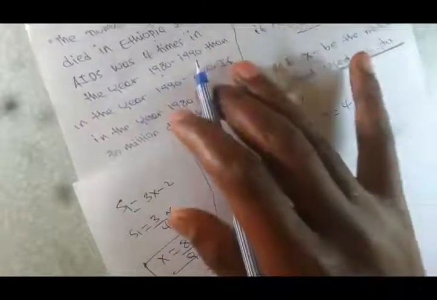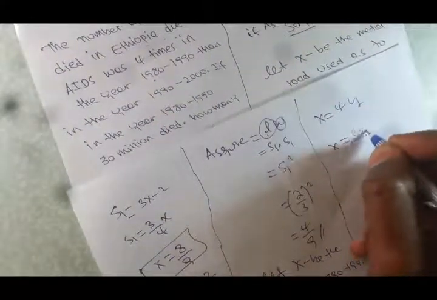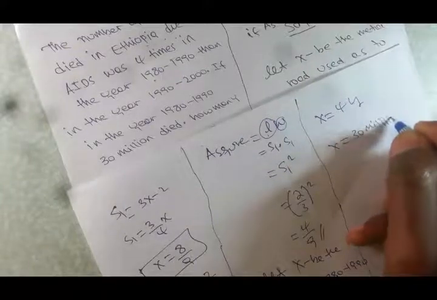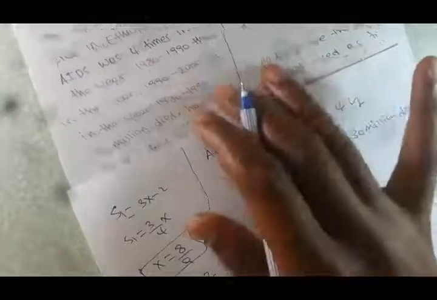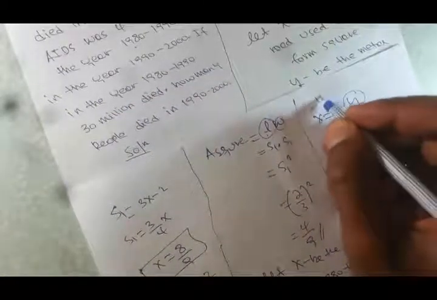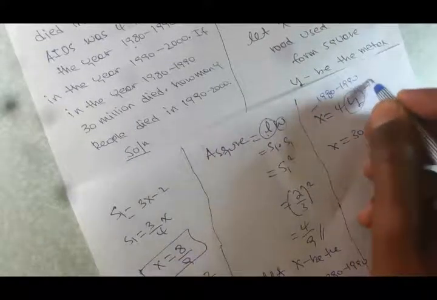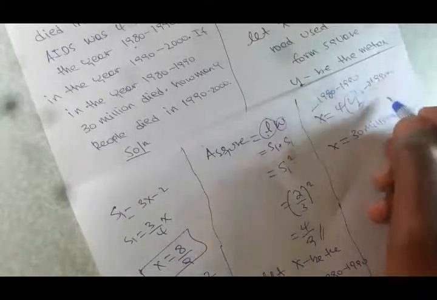And if in the years 1980 to 1990, meaning X, 30 million died, how many people died in the other period? We are asked to find this. This is from 1980 up to 1990. This is from 1990 up to 2000.